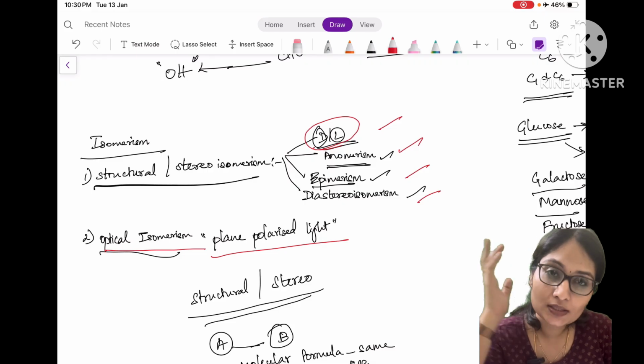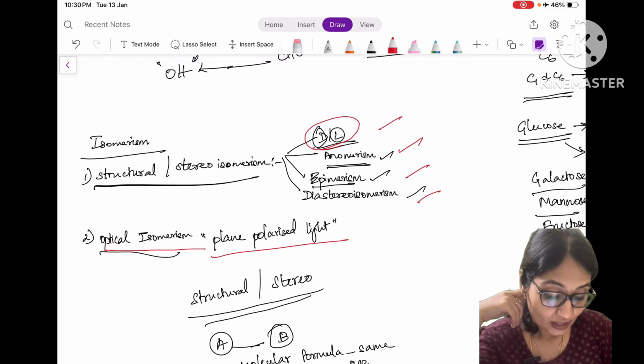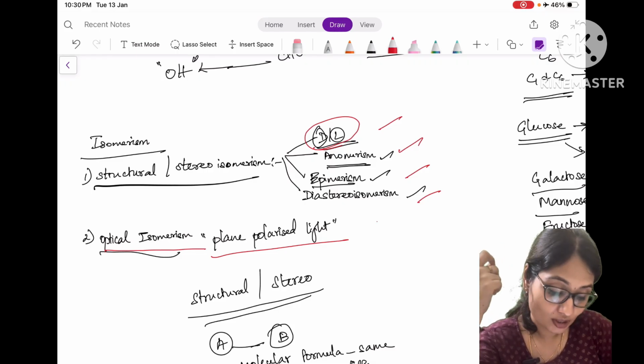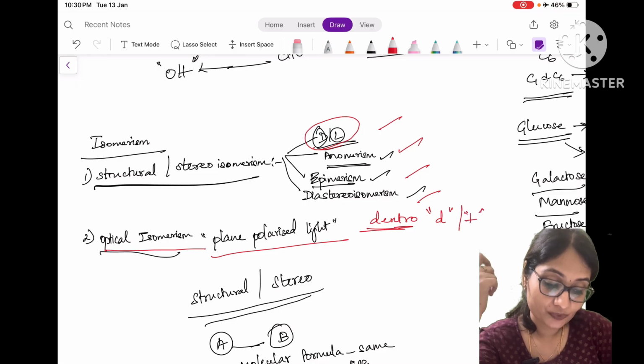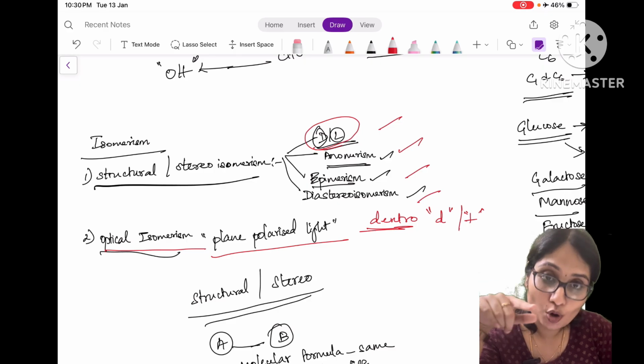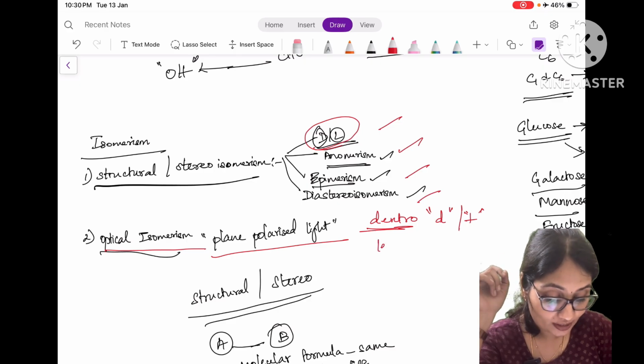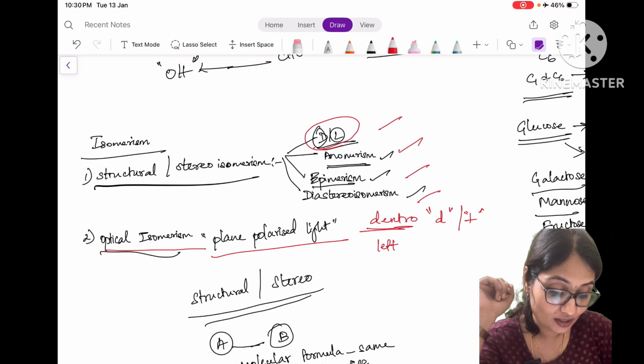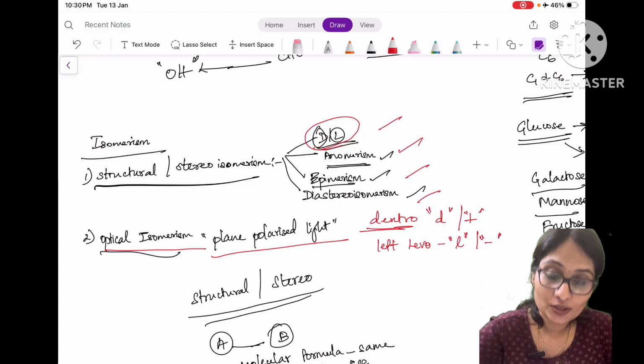Again, it's a property of your anomeric carbon, and if it rotates to the right, it is called dextrorotatory, denoted by small d or the plus symbol. If the plane polarized light rotates to the left, we call it levorotatory, and here we use the term small l or minus. Okay, so this is it.